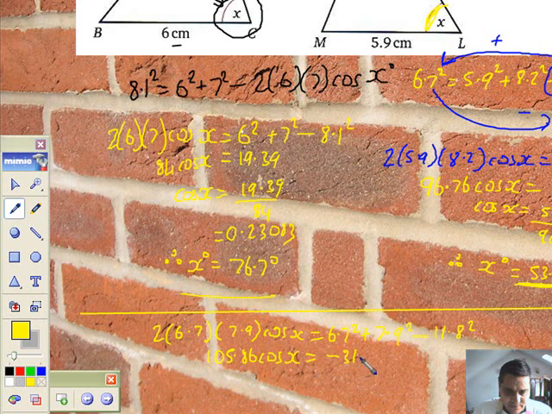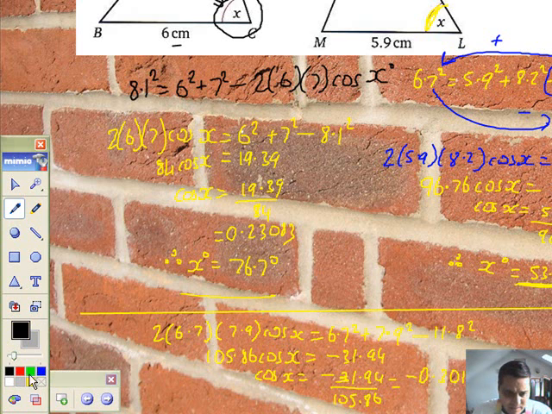So I've got minus 31.94, and so the cosine of the angle I'm looking for is minus 31.94 divided by 105.86, and that equals, I've made a mistake, yeah, no it doesn't, it looks good, minus 0.301719, and I hope I've got just about the right amount of space to change it into the angle.